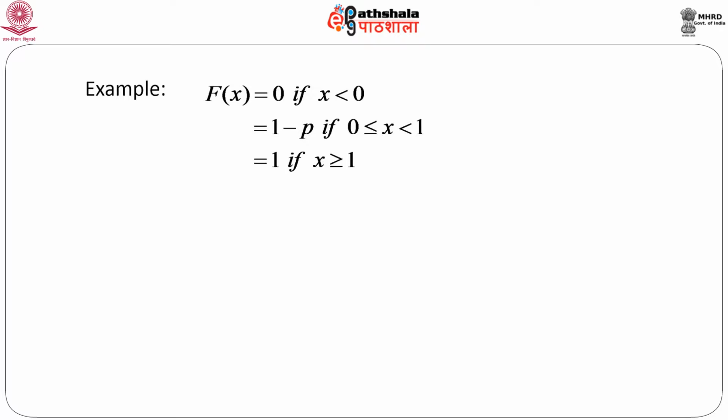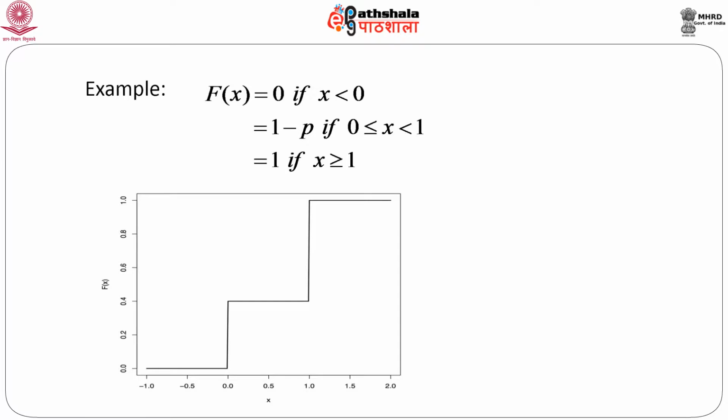Let us first look at the graph of F(x). As long as x is less than 0, capital F(x) takes the value 0. As soon as x takes the value 0, the value becomes 1 minus p, so there is a jump at this point. In this graph I have taken 1 minus p as 0.4.